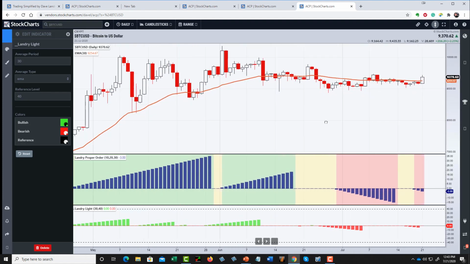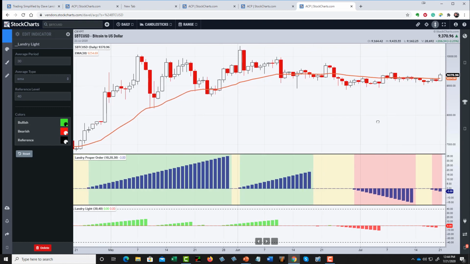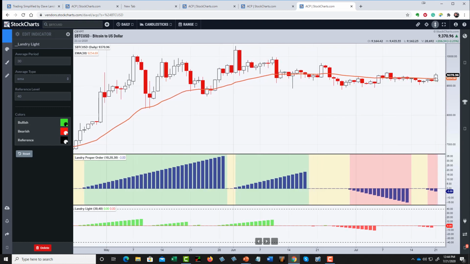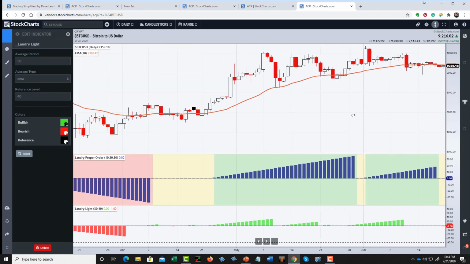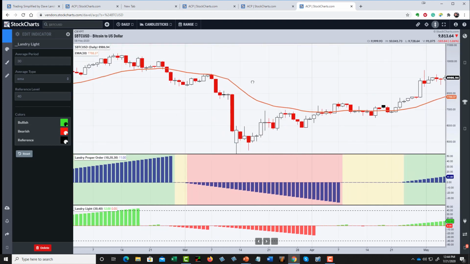So just something simple like the Landry light, which we have down here, and the proper order of the moving averages we have here can help to keep you on the right side of the market or possibly out of the market at times. So we take a look at Bitcoin now. It's improving a little bit in here, but for the most part, it's been pretty choppy, trading on both sides up and down of the market. So you might want to wait until you have a nice solid uptrend before looking to trade.